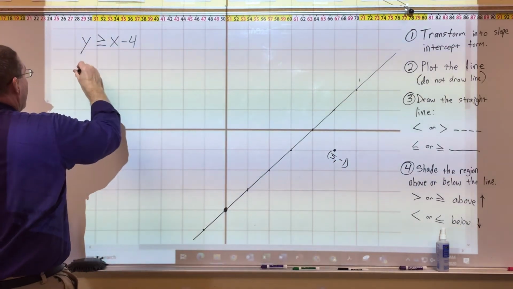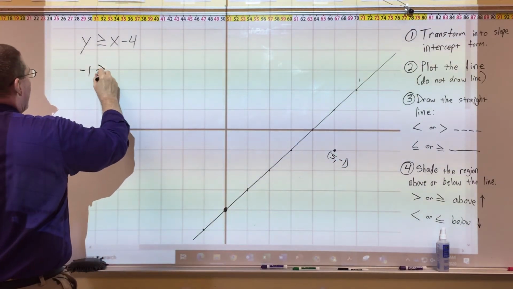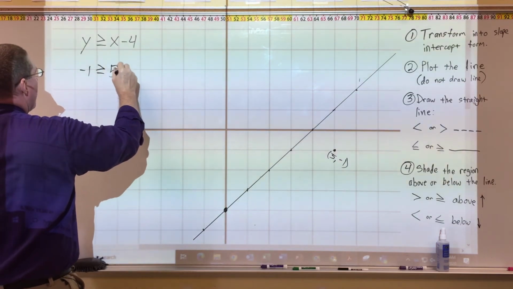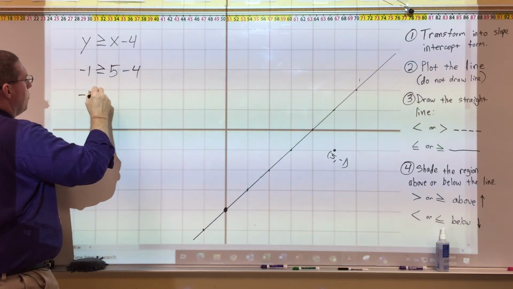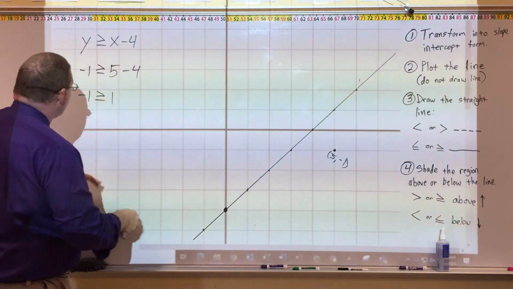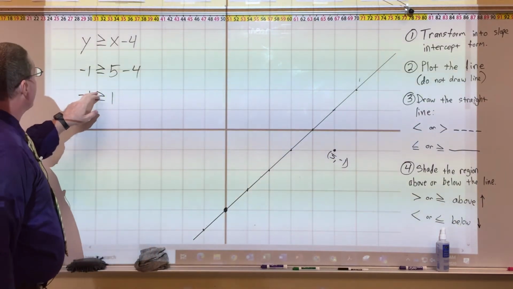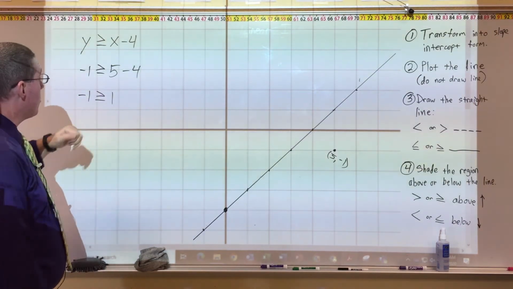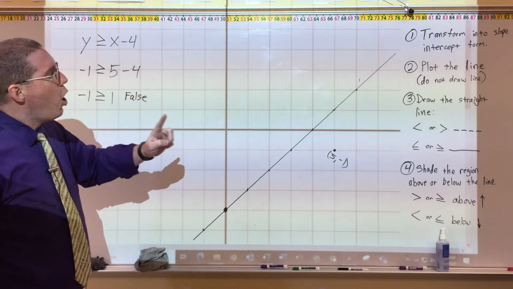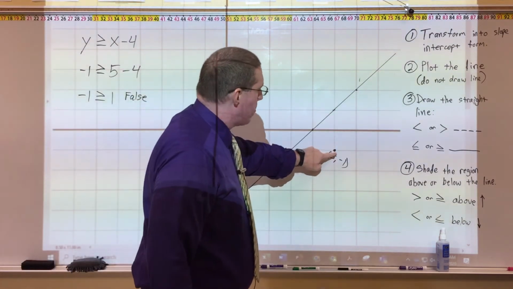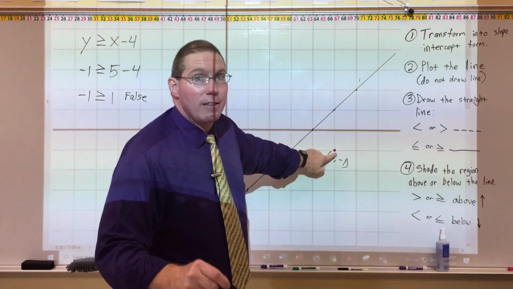Negative 1 greater than or equal to 5 minus 4. Well, 5 minus 4 is 1. Is it true that negative 1 is greater than or equal to 1? No, this is false.